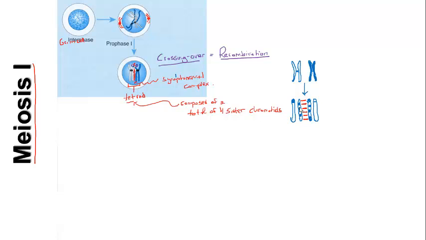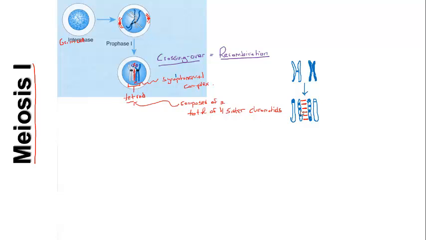Now they kind of have this zebra striped appearance, right? As a result of the swapping of different homologous sections of DNA among the sister chromatids of different homologous chromosomes. All right, this is the actual recombination.